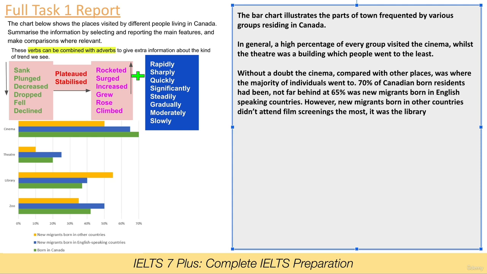And now let's draw upon the figure at 55%. Okay, now we have the other two groups for the library, and they are actually 40% and below. So we can put them together. We don't always have to state the percentage.